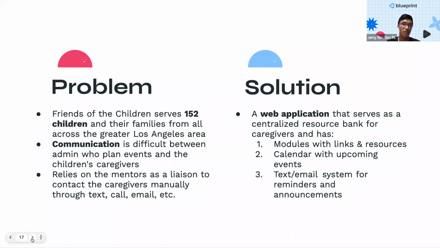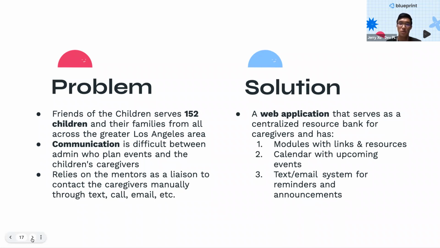Instead of having an easy way to communicate with all the caregivers, they rely on the mentors as a liaison to contact the caregivers. Usually the mentors have to use a variety of different methods, such as texting, calling, emailing, because some of the caregivers might not have an email, or some of them might not have a phone.